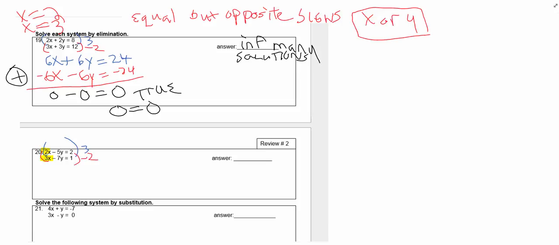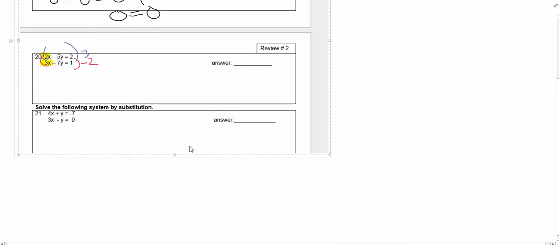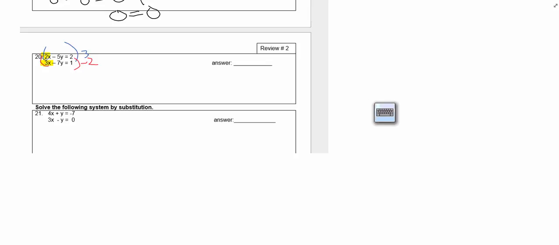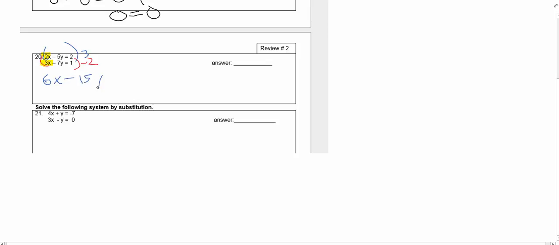And let's see what we get here. Give myself a little bit more space. So this would be 6x minus 15y equals 6. That's just me distributing 3 different times.